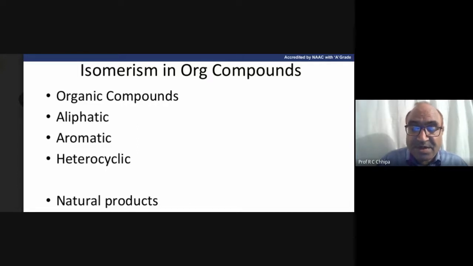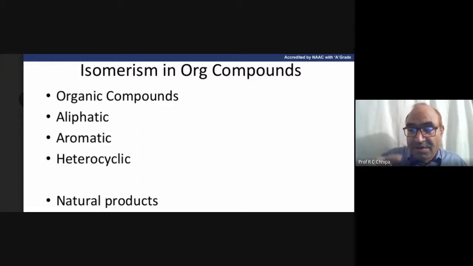Various examples: if a hydroxy group is connected to the benzene, that becomes hydroxybenzene. If an amine group is attached to the benzene, that is aminobenzene. Now the next one we have to see after aromatic is heterocyclic. So what are the heteros? Hetero means different. What is different?